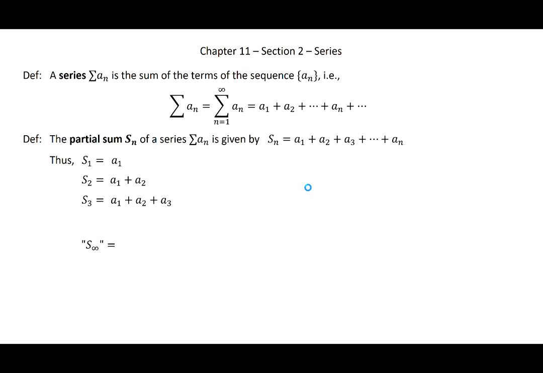S sub 3 is A sub 1 plus A sub 2 plus A sub 3. So what is S sub infinity? Well, A sub 1 plus A sub 2 plus A sub 3 plus ... all the way up to A sub infinity. But wait a minute. Isn't that the same thing as the whole series?